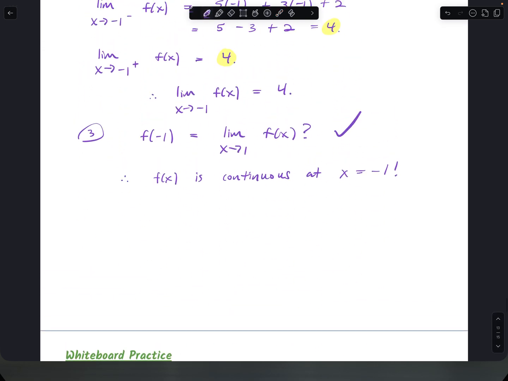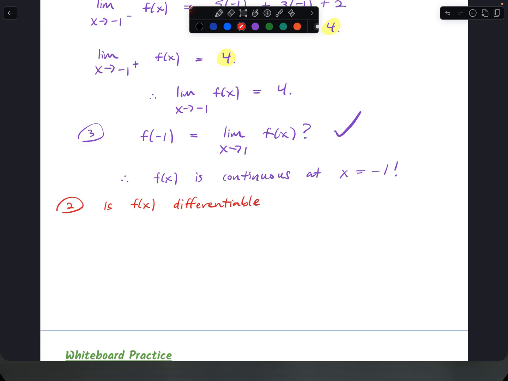So the next thing we have to show for the differentiability part is I need to take the derivative of my function. We were given f of x equal to 5x squared plus 3x plus 2 when x was less than -1, and negative 7x minus 3 when x was greater than or equal to -1.